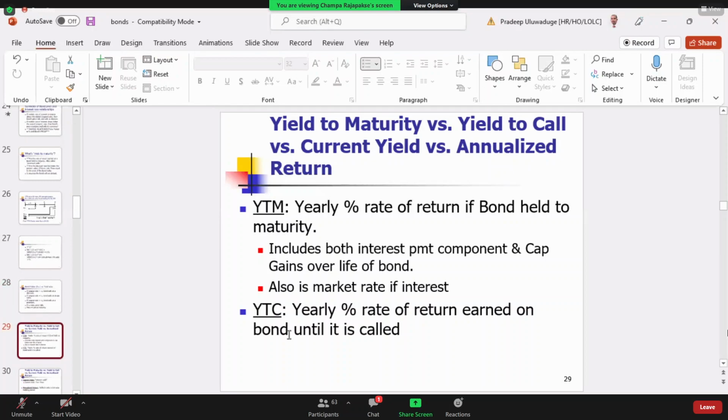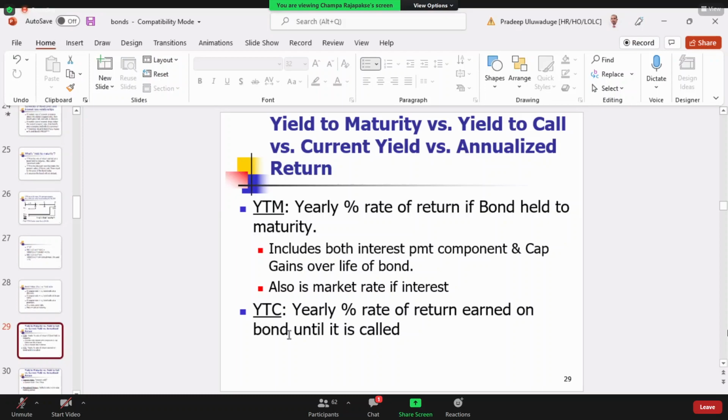It includes both the interest payment component and capital gain over the life of the bond. So return has two components: one is the interest payment, the second is the capital gain or loss. Both are included in YTM.